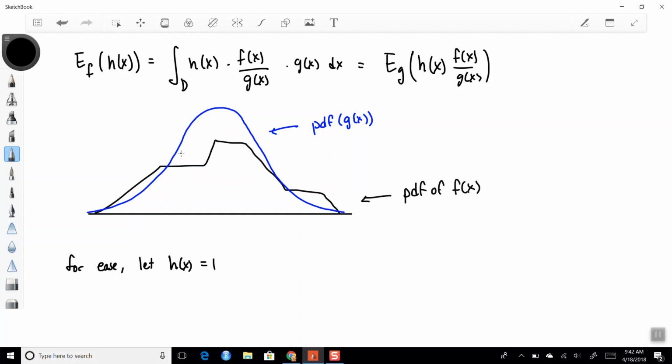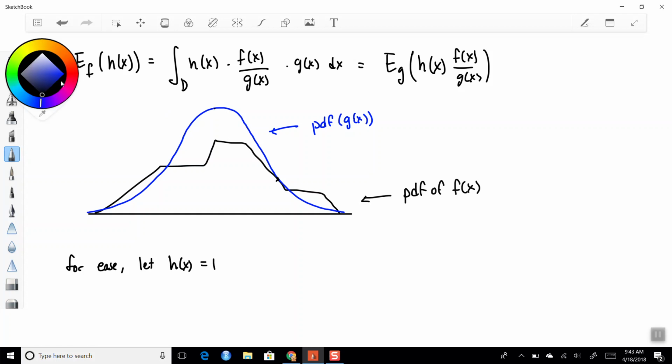What this means is that in certain locations, like right here, I will sample my x at the correct ratio, but over here, I'm going to sample too many values of x because my g of x is taller than the PDF of f of x.